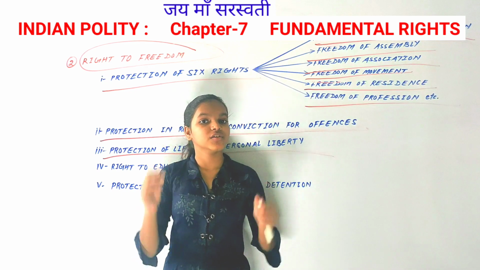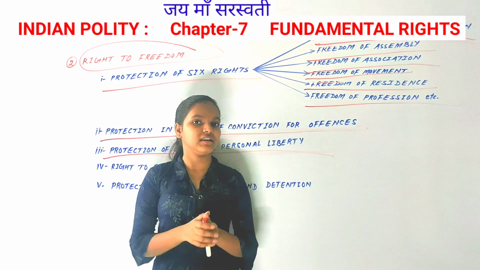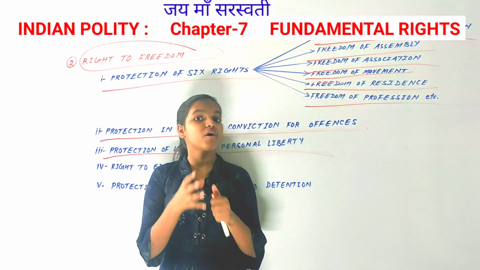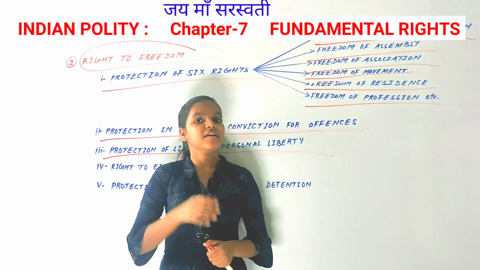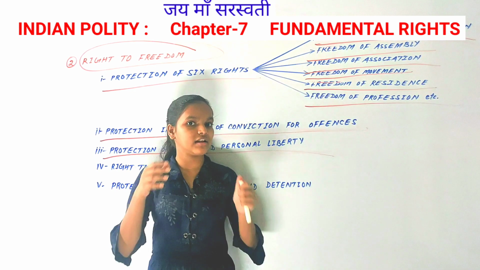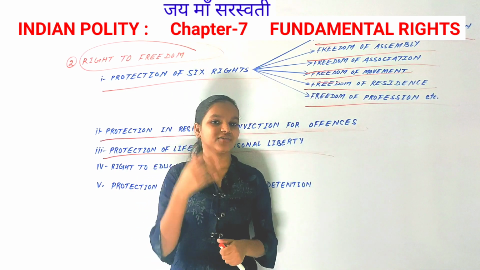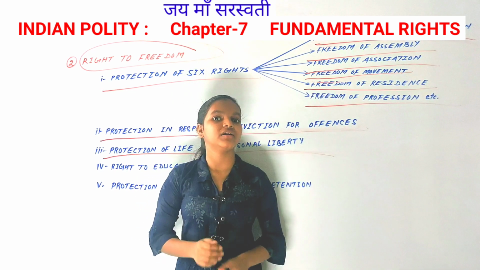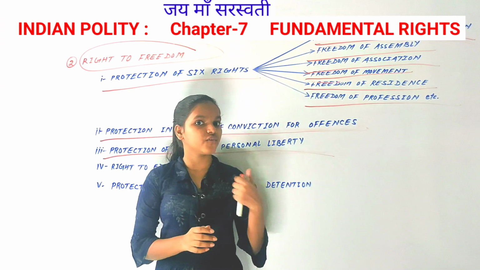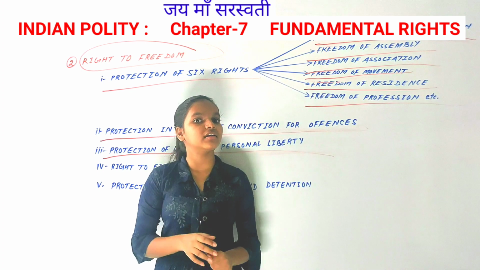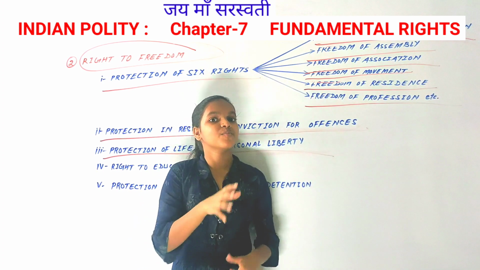Article 21 is the most important article in our Constitution, because if you are hurting Article 20, that is ex post facto law, no double jeopardy and no self-incrimination, and you are not following any of them, then what are you hurting? You are hurting that person's personal liberty.